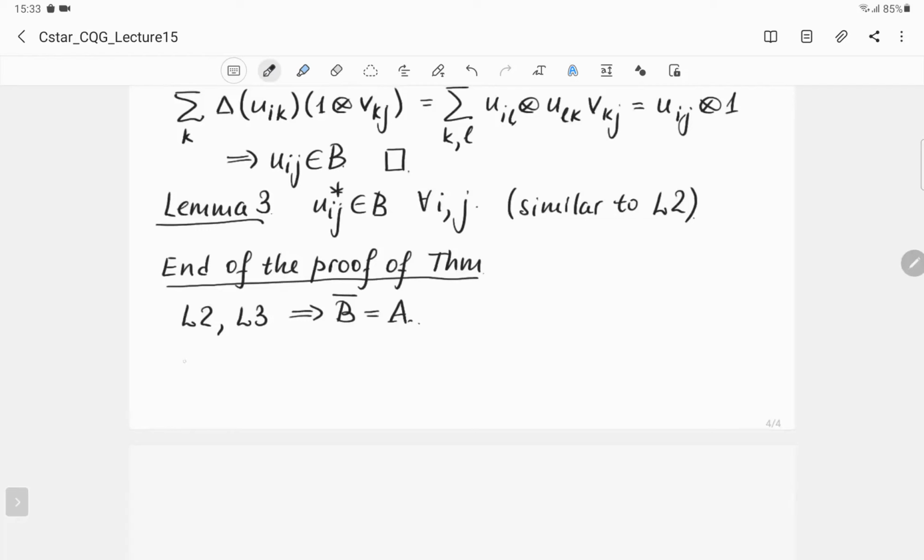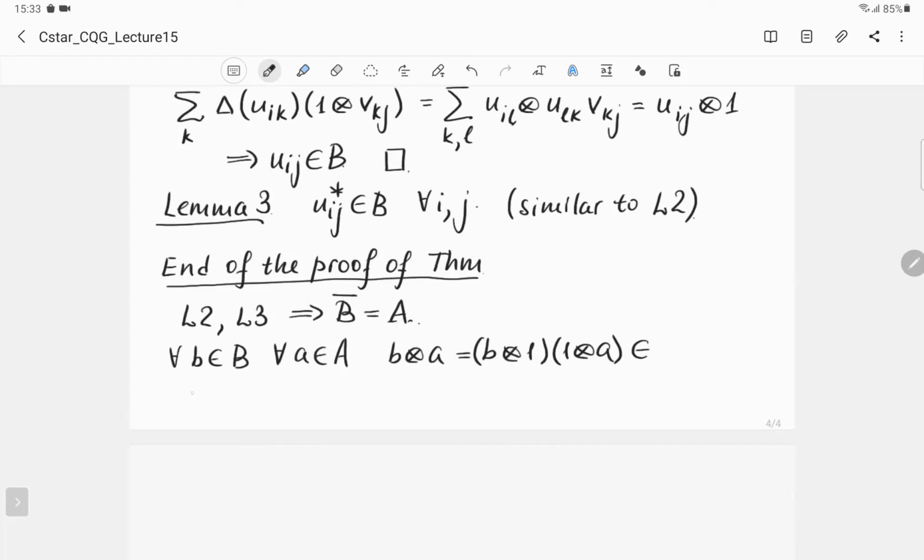If we now take an arbitrary element b in our subalgebra B and an arbitrary element a in A, we see that the element b tensor a can be written as a product: b tensor 1 times 1 tensor a.